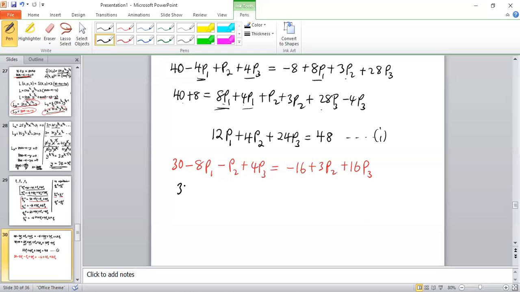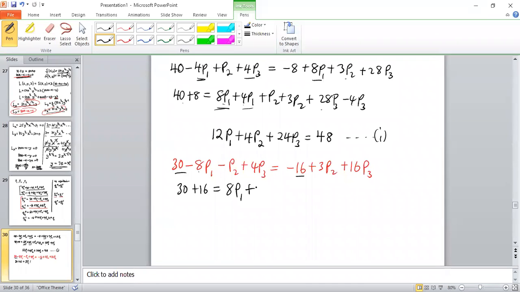So we have 30 plus 16 equals, then we have. Here there is no P1. It doesn't have P1. So when we take minus 8P1 to this side, it will be positive 8P1.